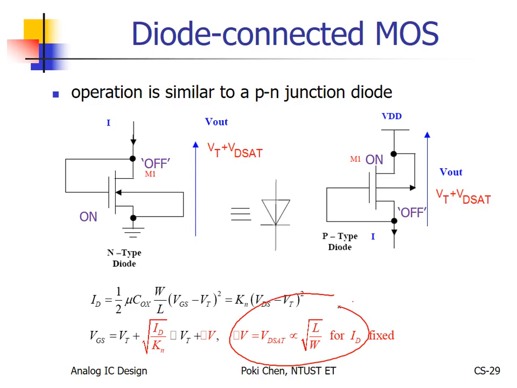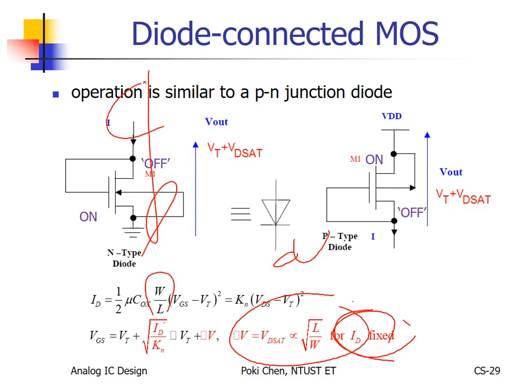Because it is usually contradictory to your intuition. Intuitively, most students or new designers will think the larger W over L, the smaller delta V. No, on the contrary, it's incorrect, if ID, the bias current, is fixed. But I told you already, that is the usual case: your bias current is decided from the beginning and generated by the bias network.